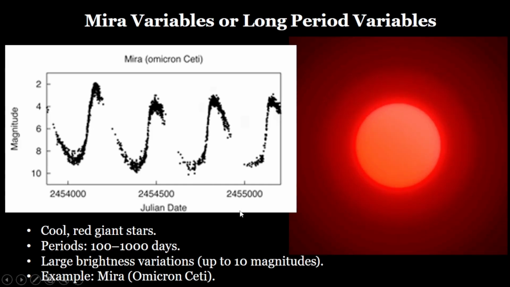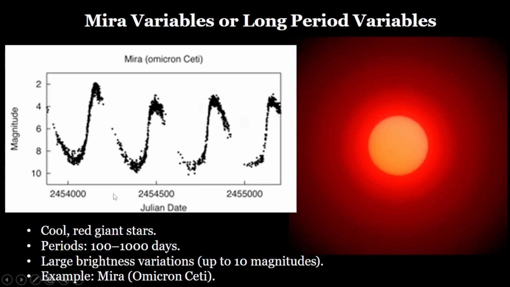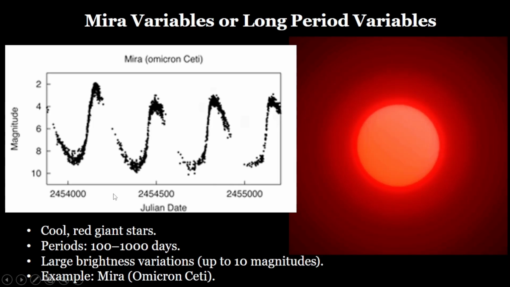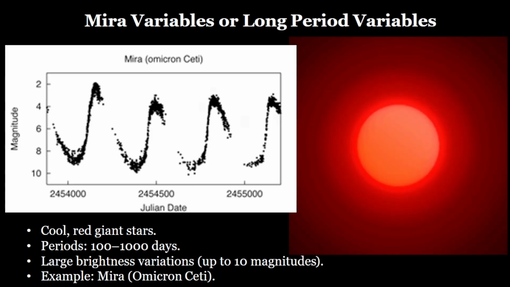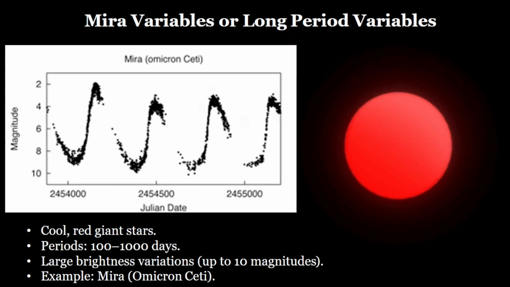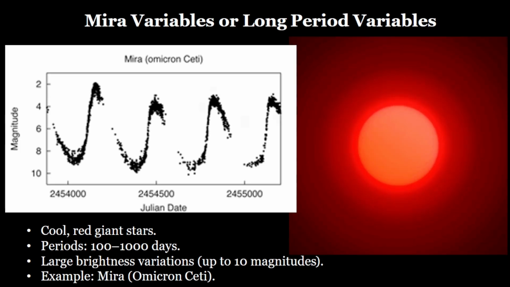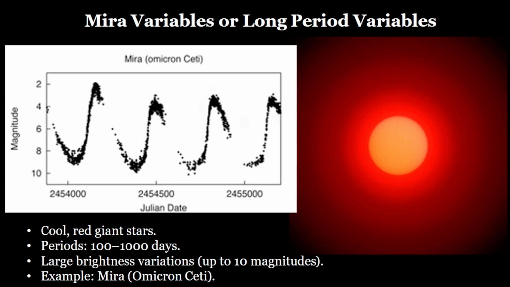They are from cool red giant stars, and they also have a large apparent magnitude difference. From the maximum to the minimum, the difference in magnitude between when it is contracted and when it has expanded is large. An example of this is Omicron Ceti.